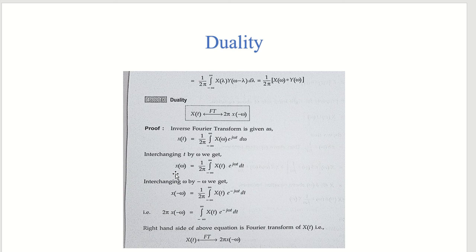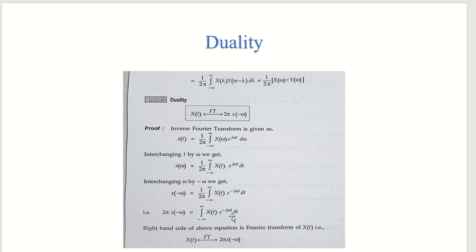And then we will interchange omega by minus omega. So x of minus omega will be 1 by 2 pi, integral from minus infinity to infinity, x of t e raised to minus j omega t dt, because we are putting minus omega. Now taking this 2 pi to the other side, we get 2 pi x of minus omega is equal to the integral from minus infinity to infinity of x of t e raised to minus j omega t dt.